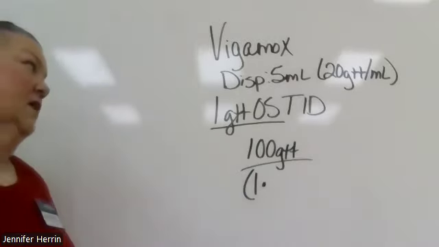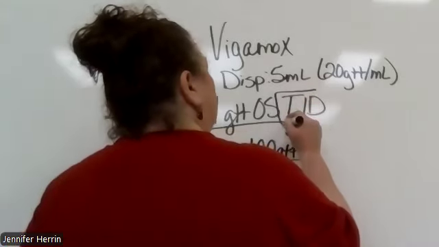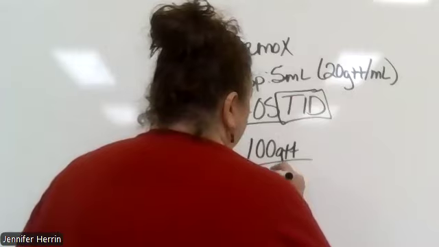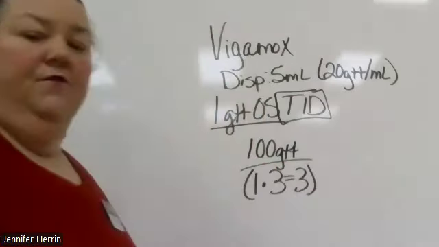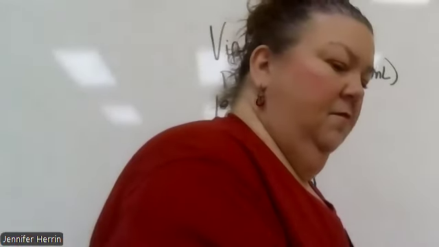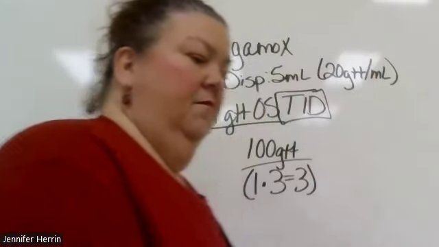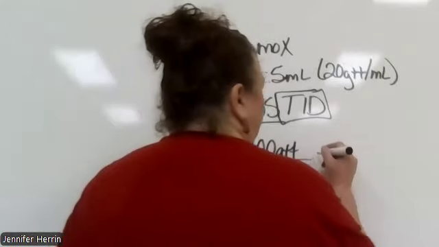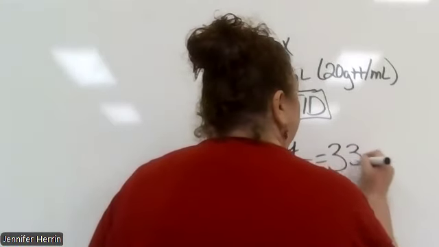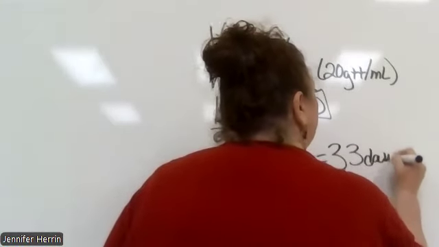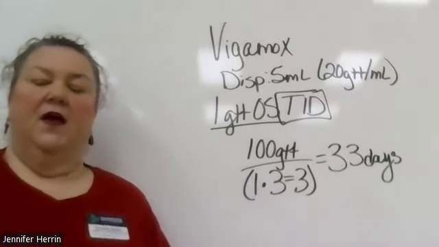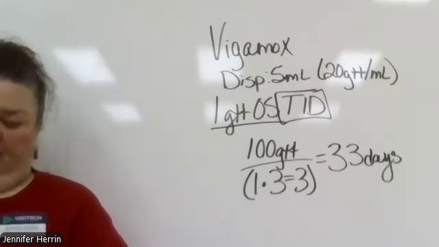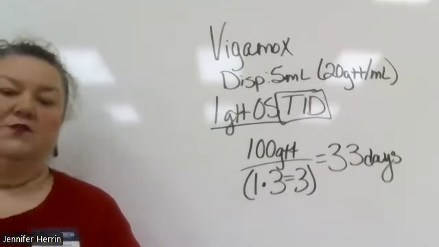That's going to be the TID, which is 3 times a day. 1 times 3 is 3. So 100 divided by 3, I get 33.3, but remember, with day supply, we do not round. We stop at the last whole number. So 33 days is how we would bill this insurance.